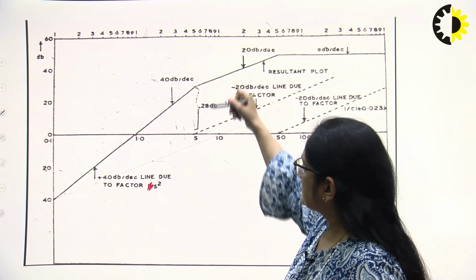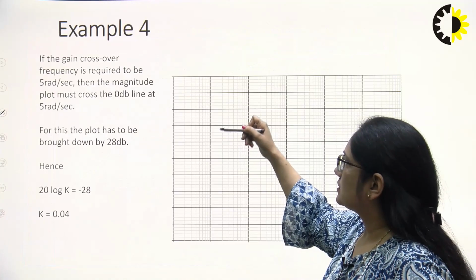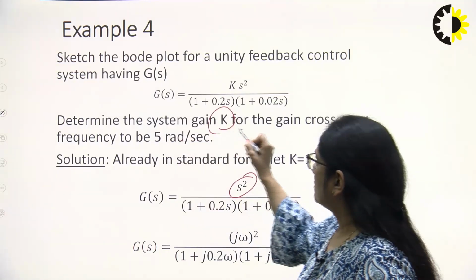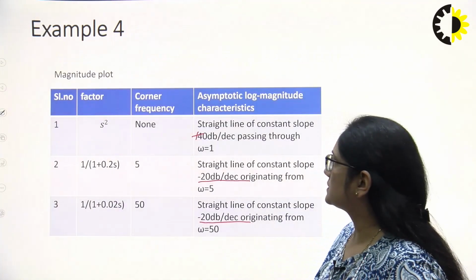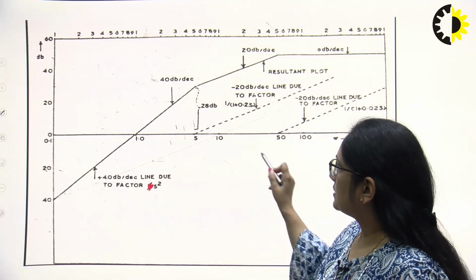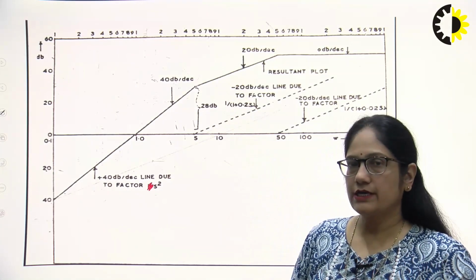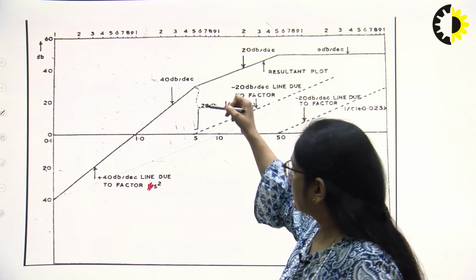Now, this distance is coming out to be 28 dB. The question is that we have to determine the system gain K for the gain crossover frequency to be 5 radians per second. So, looking at the graph, this distance at 5 radians per second is 28 dB.